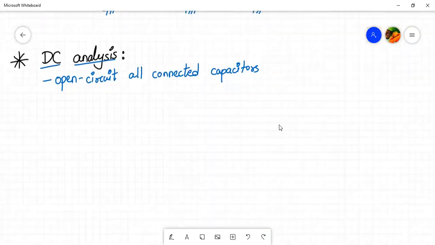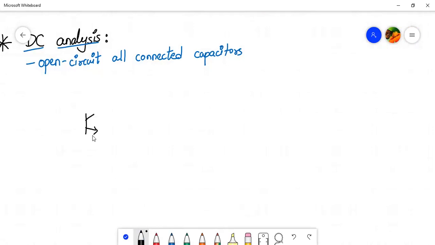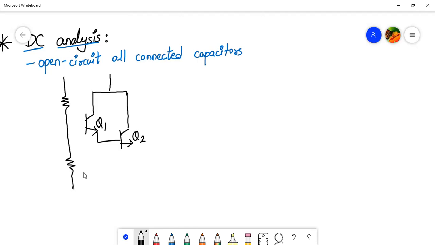So let me redraw the circuit over here. Let me use black color again. I am drawing two transistors, Q1 and over here Q2. Their collector terminals are tied together, right? And that collector is connected to VCC. Then we have resistor R1, resistor R2, and resistor RE.